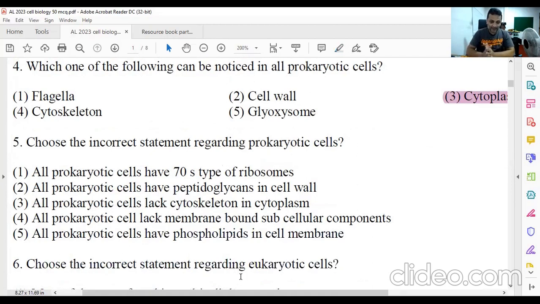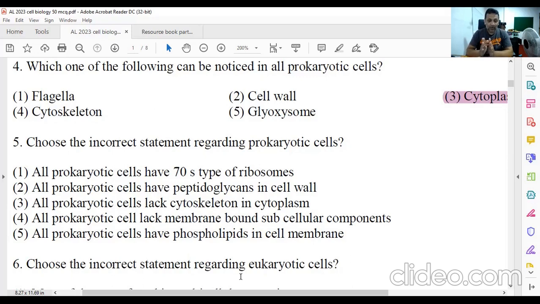And finally, the fifth question: choose the incorrect statement regarding prokaryotic cells. The first statement says all prokaryotic cells have 70S-type ribosomes. Of course, all prokaryotic cells have 70S-type ribosomes. 80S-type ribosomes can be noticed only in eukaryotic cells. So the first statement is correct.